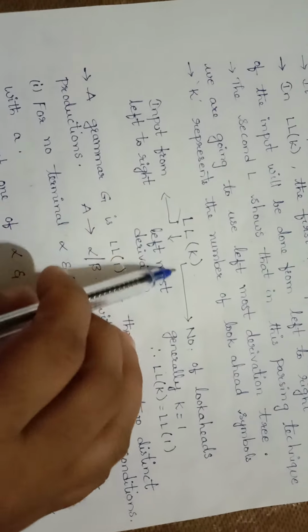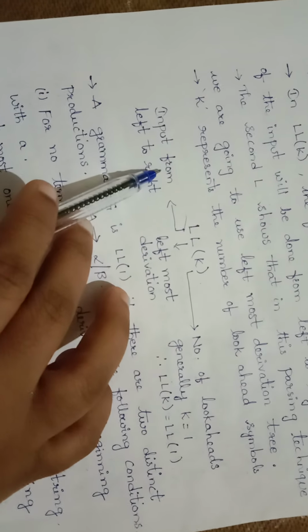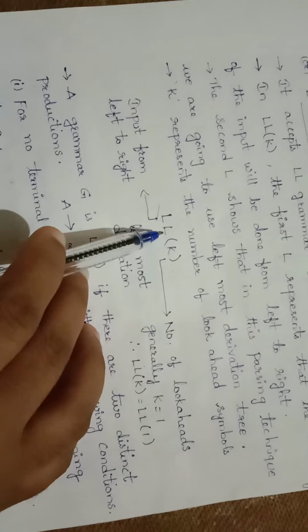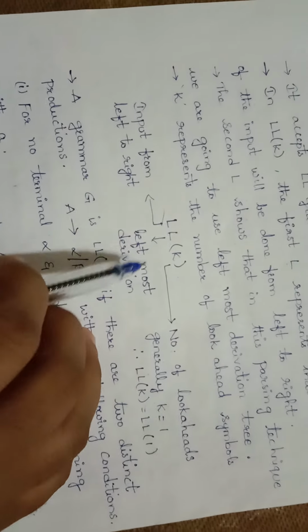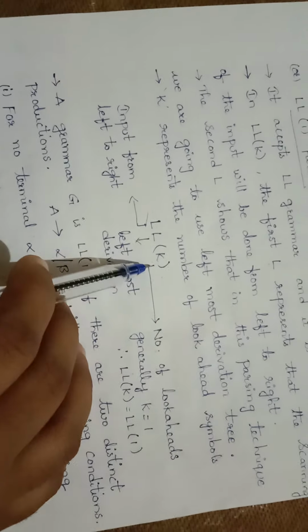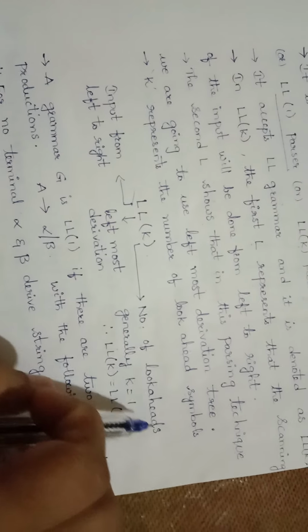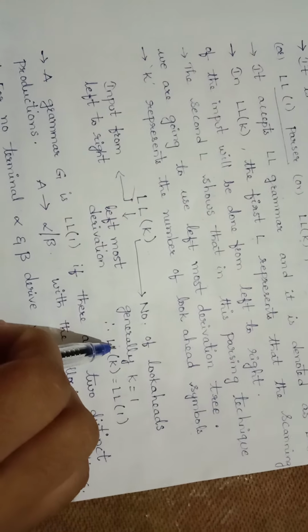So in LLK, the first L represents the input we are going to scan from left to right, and this L represents we are going to use the leftmost derivation, and the K is nothing but the number of look ahead symbols we are going to use. Generally we are going to use the look ahead symbols as 1.